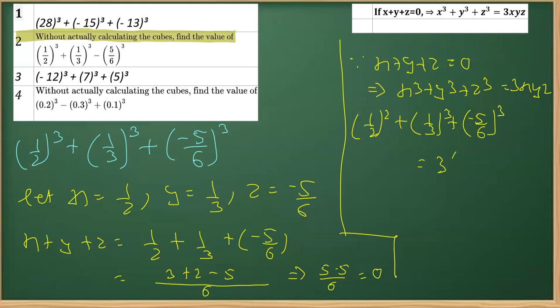This can be written as 3 times x, which is half, y, which is 1 by 3, and z, which is minus 5 by 6. Clearly, we can see that this 3 and 3 get cancelled. So we are left with minus 5 in the numerator, and below it is 6 into 2, that is 12.